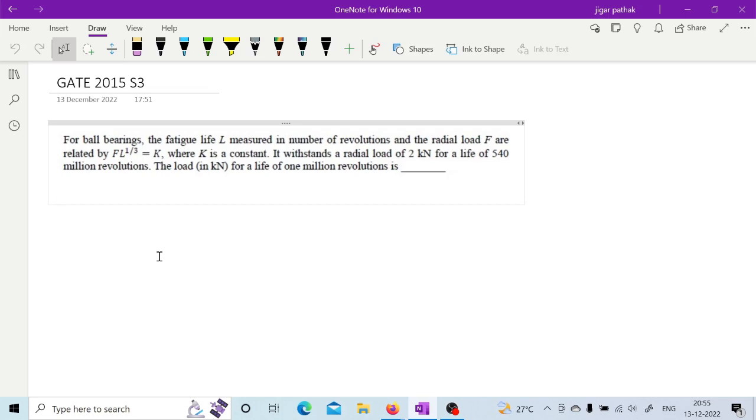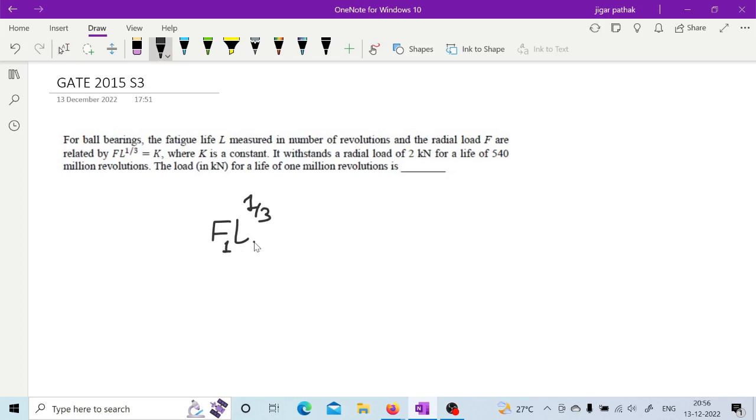Now the load in kilonewton for a life of 1 million revolutions. Can you try this one? So it is also straightforward, right? 13.2. I don't know, anyone else? Because F L raised to 1 by 3 is constant, right?